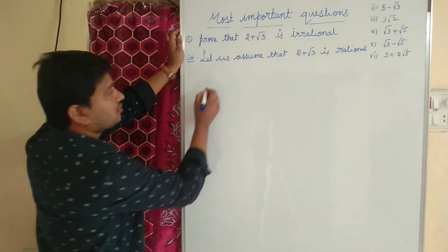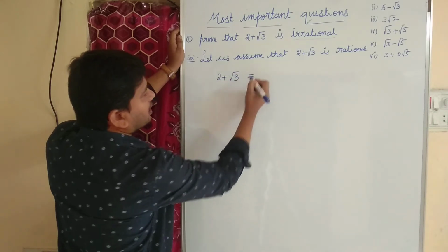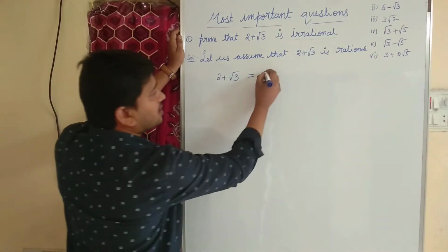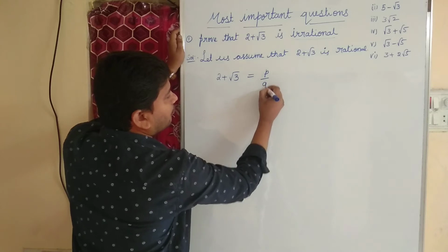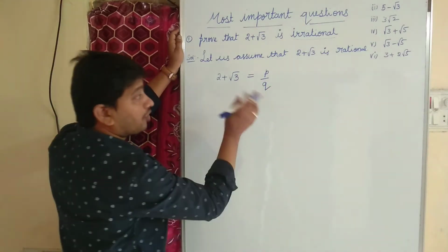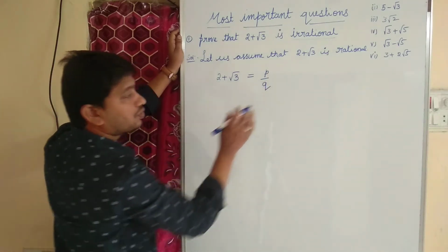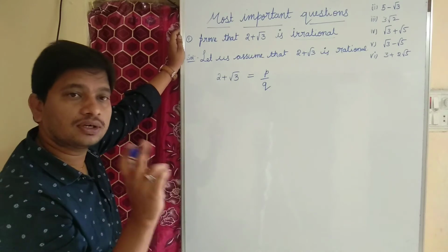Simply, we are assuming that 2 plus root 3 is rational. Rational in the sense it should be in the form of p by q. And one more important point is that p and q should have only the common factor 1.